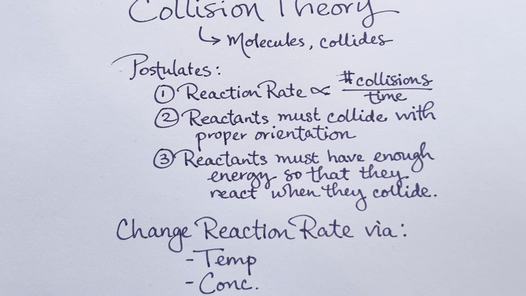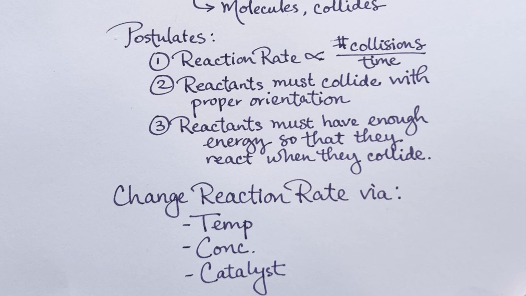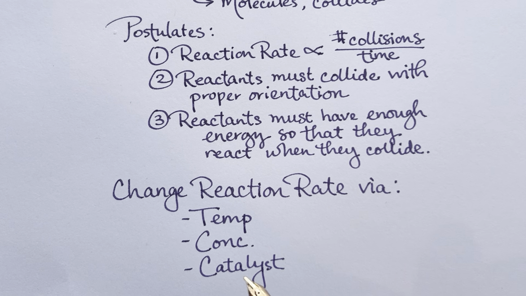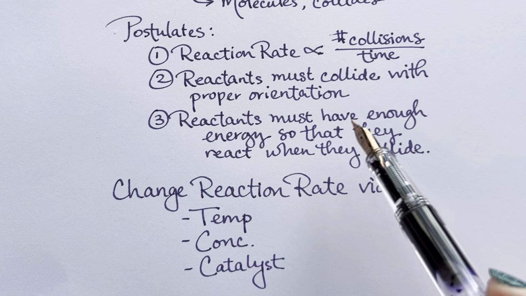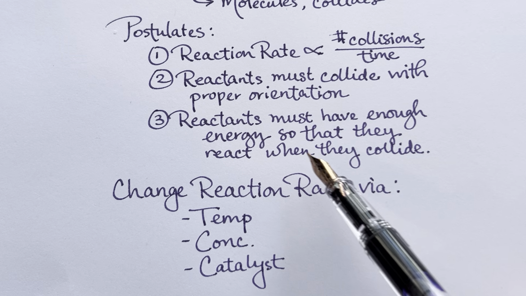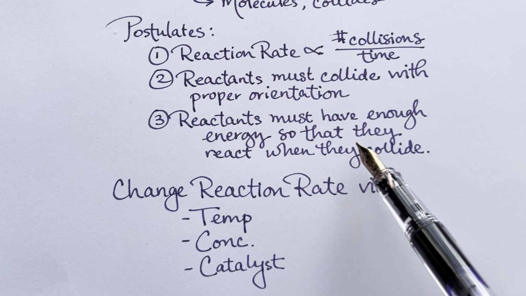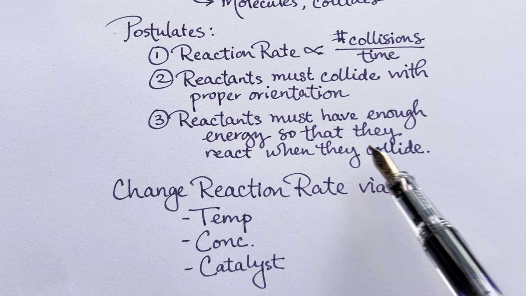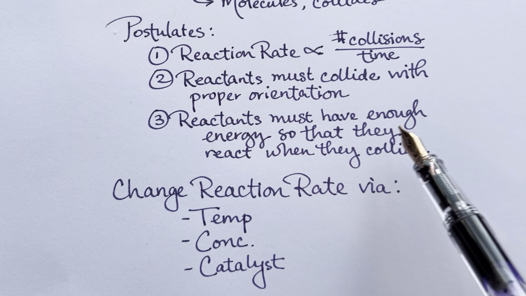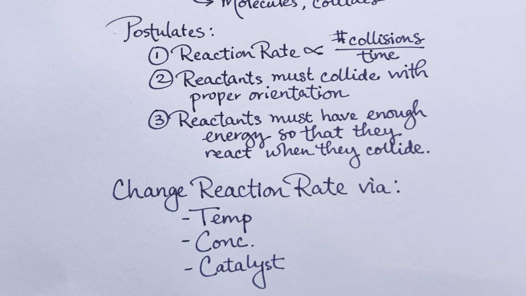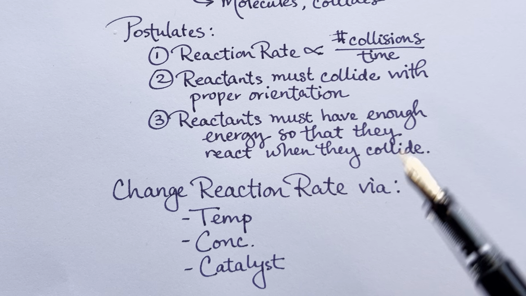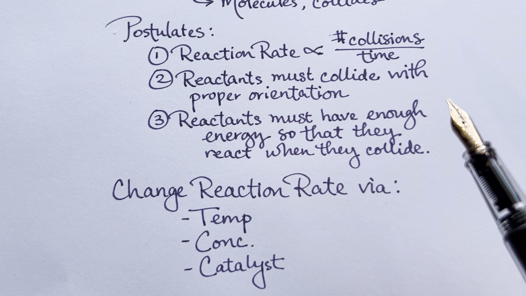And another role a catalyst can play is to provide an alternate mechanism that gives a lower energy barrier for those reactants. So it allows an influence on postulate number 3. So it depends on the type of catalyst that you have.